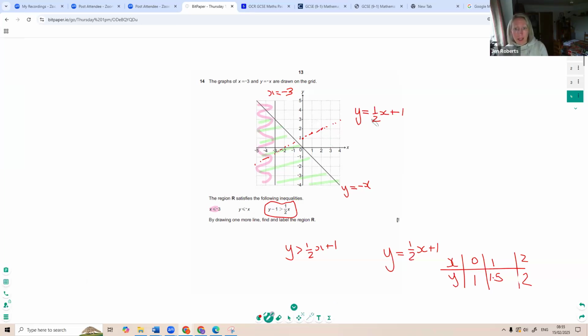This is y is equal to a half x plus 1. We want y bigger than. Because it's bigger than, it's above the line you want. That's all of this here. Can you see on my diagram which bit's been shaded 3 times? It's this section here. So that's where you need your region R.